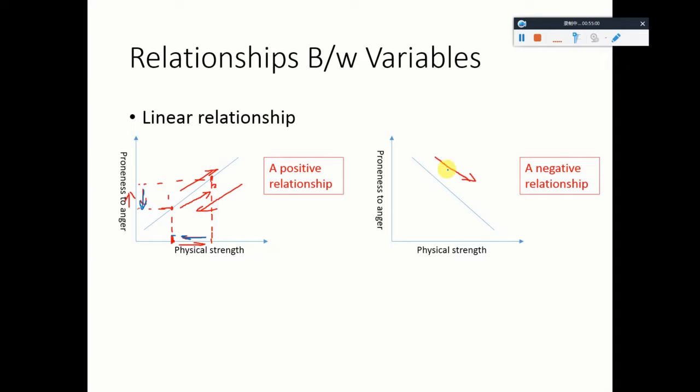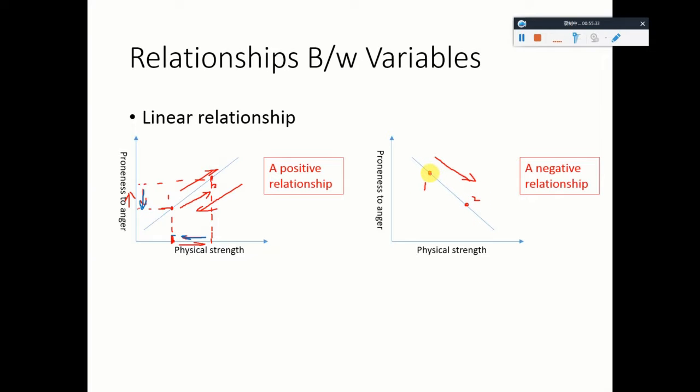This one describes a negative relationship or negative correlation because exactly the values of these two variables move in opposite directions. How so? Well, let's say we move in this direction. Okay? Again, we have point 1 and point 2.